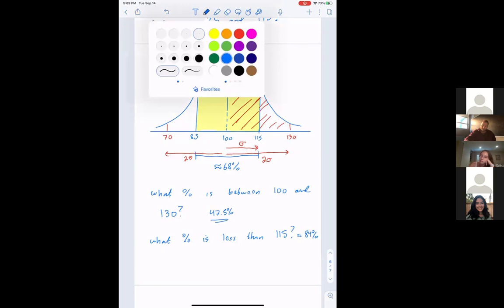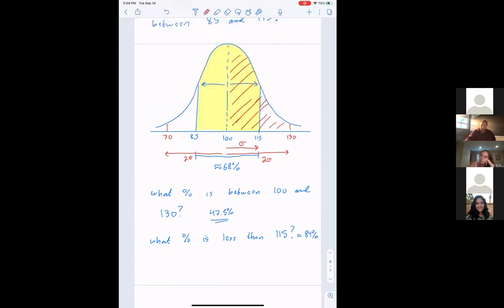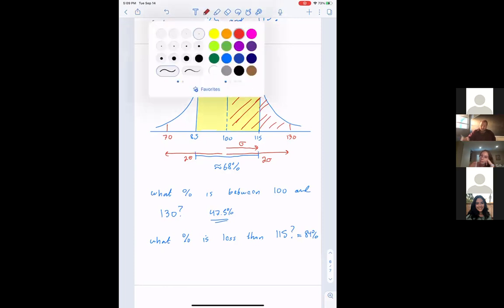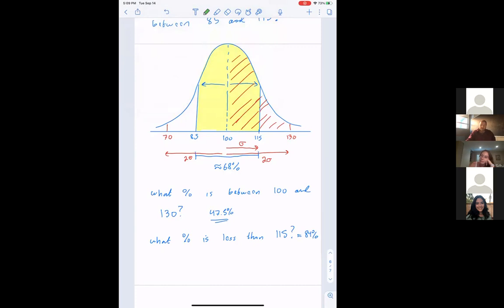Question. Let's go to green. How much currently is shaded in the yellow? 68. 68%. So if I focus only on this half of the yellow, how much is that? 34. 34%.